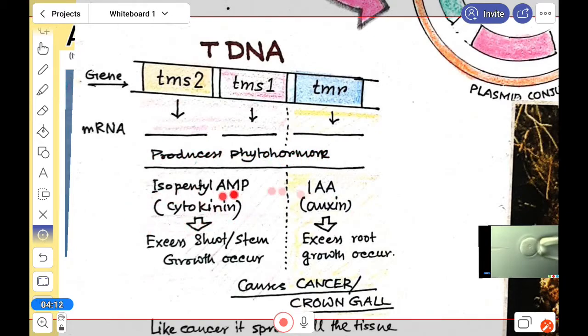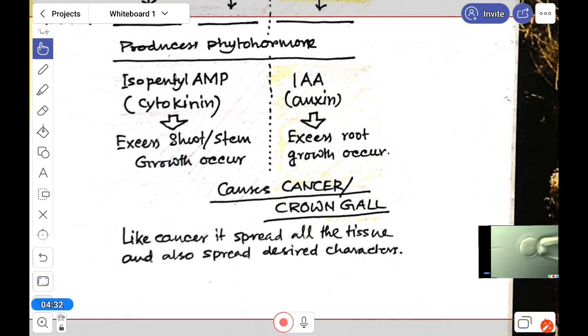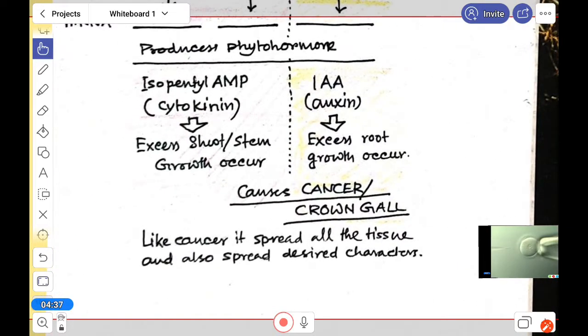I think you know phytohormones, the auxin and cytokinin. Cytokinin will produce the shoot and the stem, and the excess auxin will cause growth. This growth will cause the crown gall cancer. Like cancer, it can spread to all the tissues.